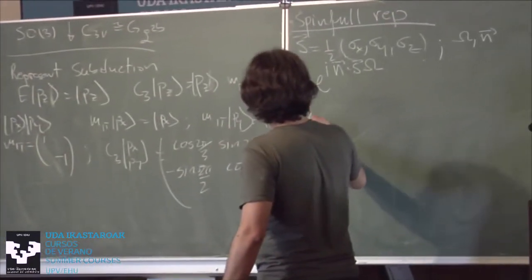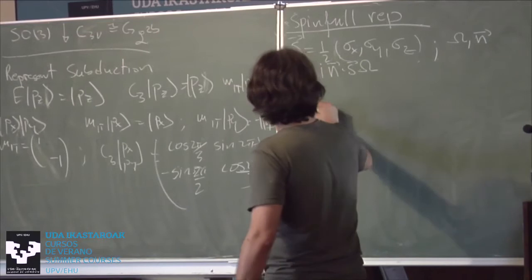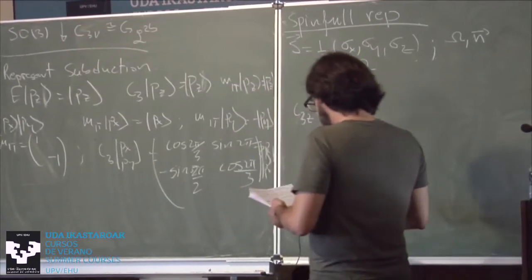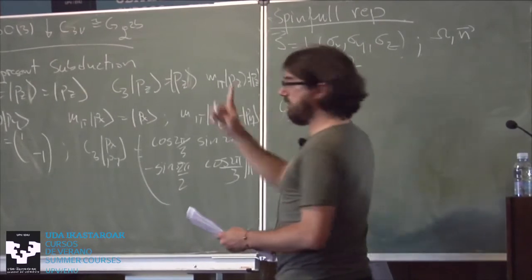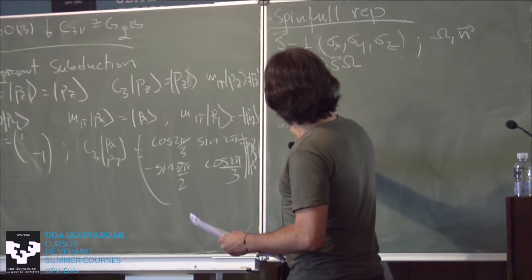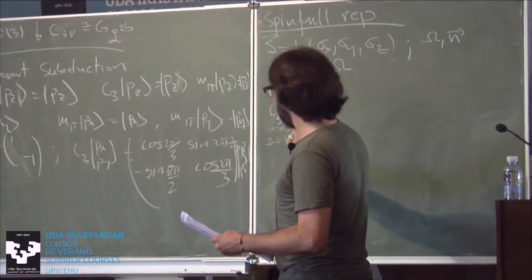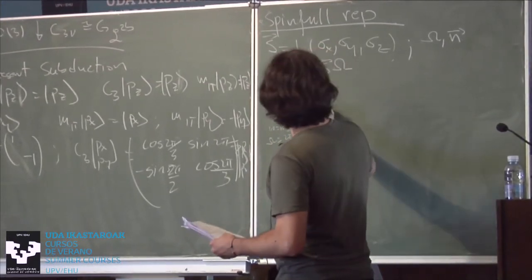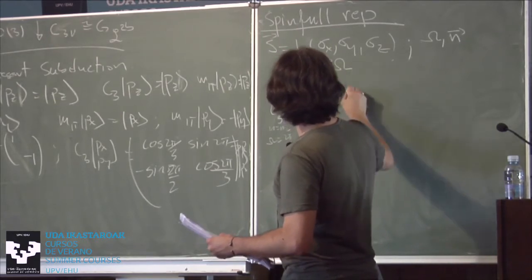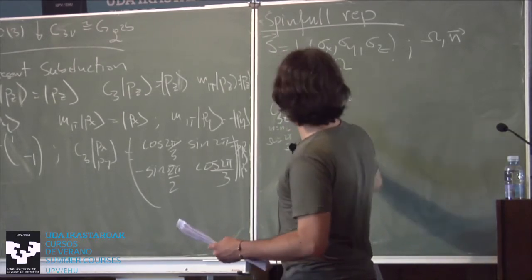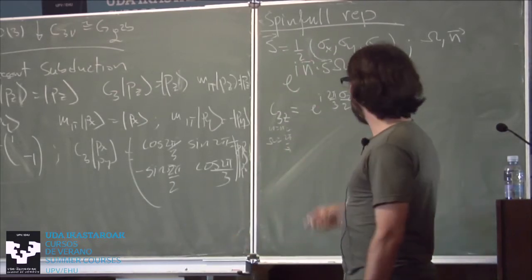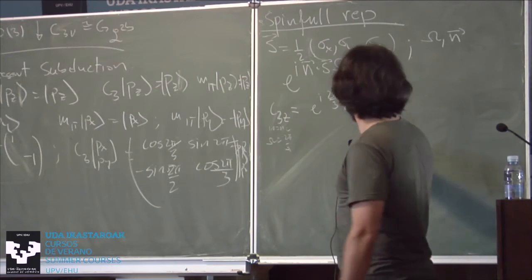C3z for pz orbitals. I have a rotation which is around the z-axis, so n is nz, and omega is 2 pi over 3. Okay? So this is e to the i 2 pi over 3 times sigma z times this 1/2. Okay? That's the C3z representation.